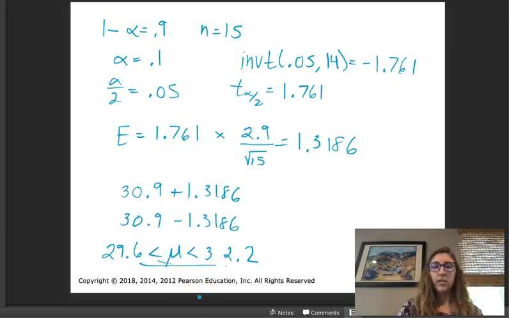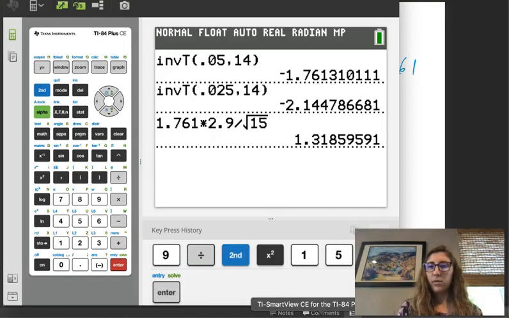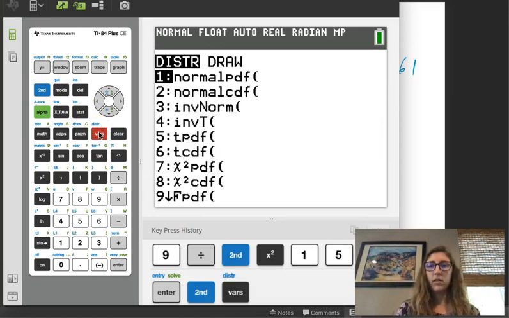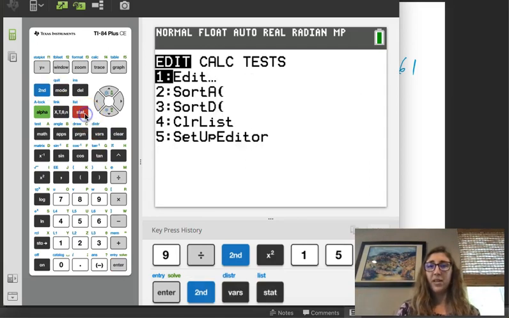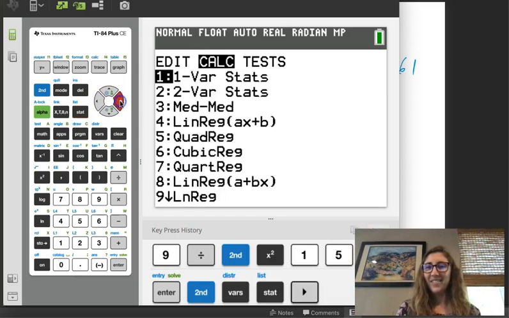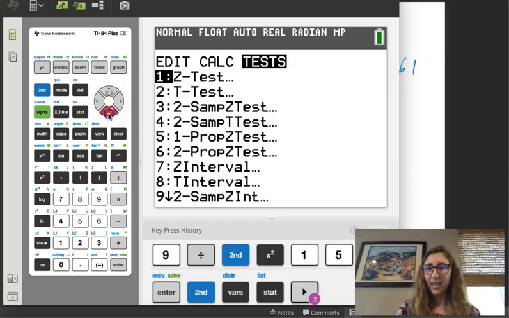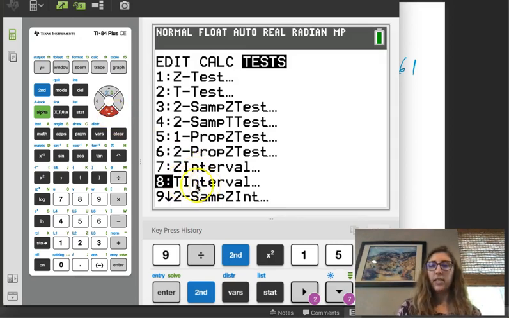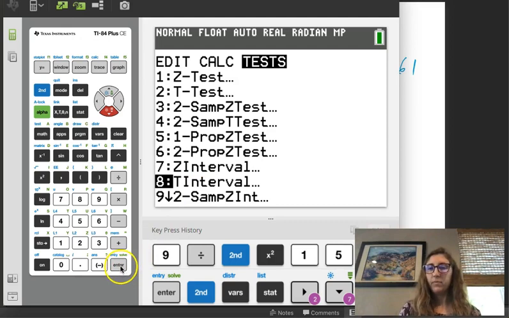All right, so now let's give this a shot here on our calculator. So we would be going to stat, and we'd be scrolling to tests, and then we want our t interval, right? T interval is for getting a confidence interval for means when you do not know your population standard deviation.